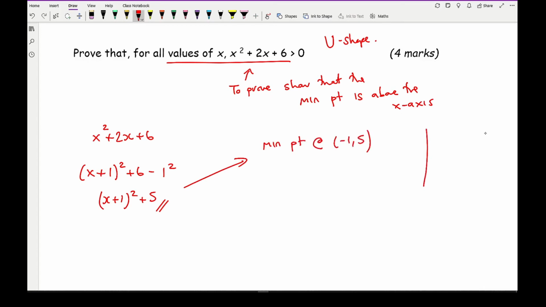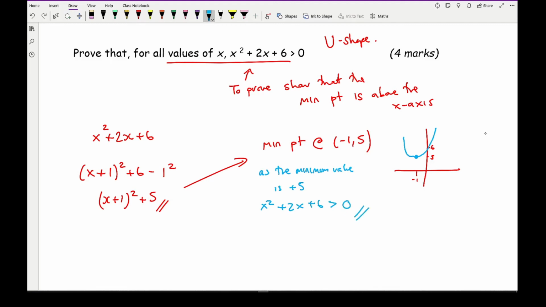If I was to do a quick sketch of that graph, minus 1 is here, 5 is going to be here, 6 is going to be there. The reason why I'm doing 6 is to help me with my graph. It will look like this, and that minimum point is there. So this proves that as the minimum value is positive 5, then x squared plus 2x plus 6 is always going to be greater than 0.